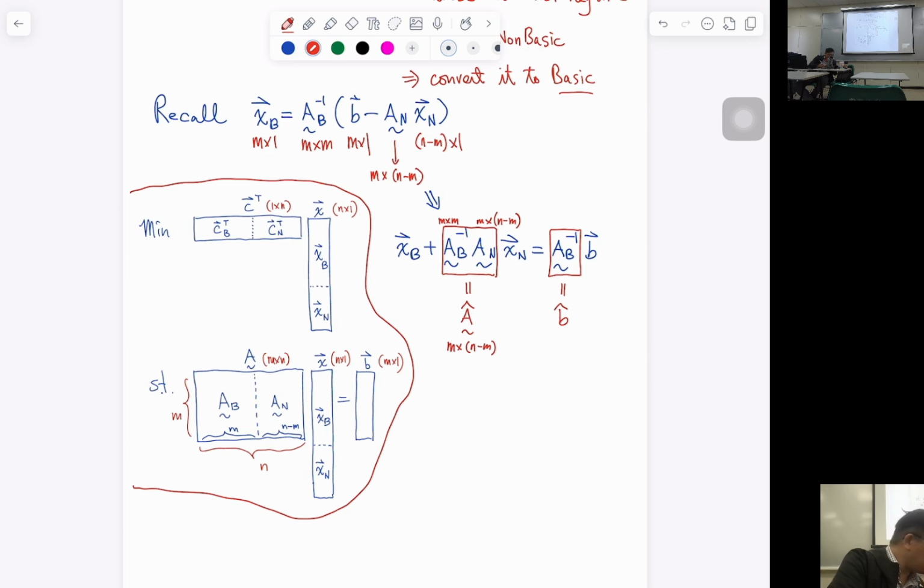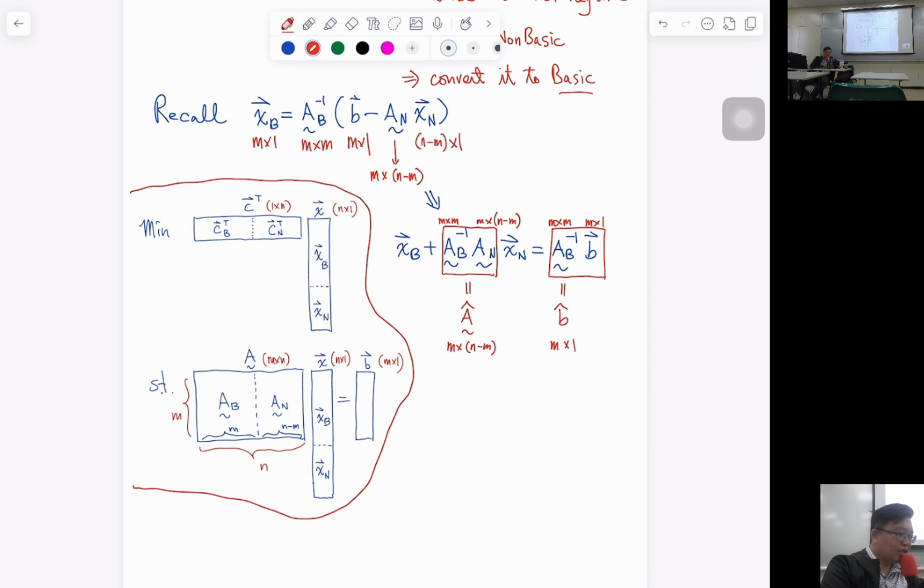Sorry, I did it wrong. This box is wrong. Here, the whole thing is B hat. So AB inverse is m by m, small b is m by 1. So B hat is going to be m by 1. Okay?